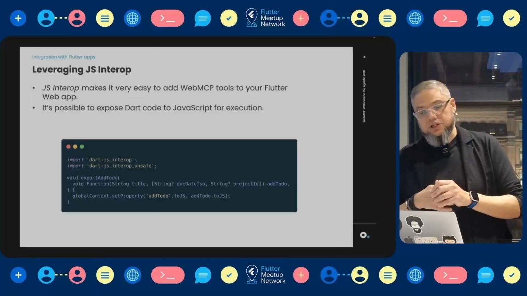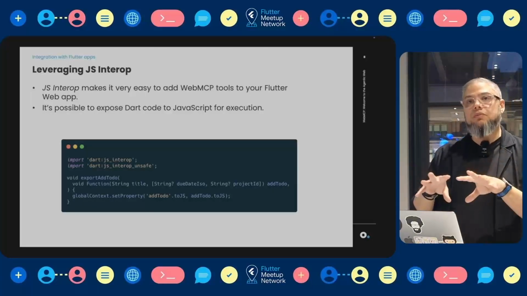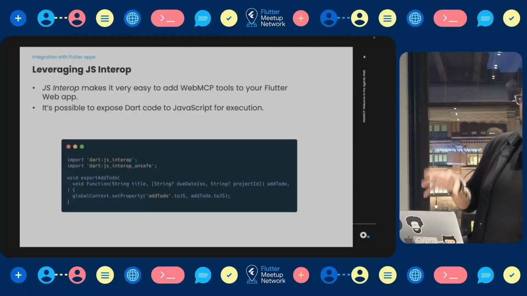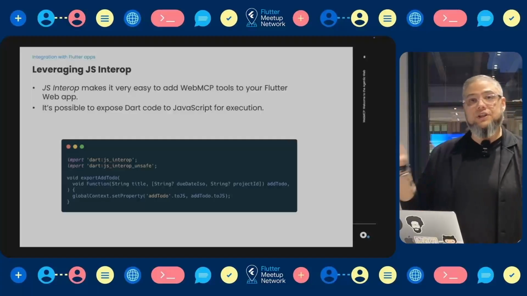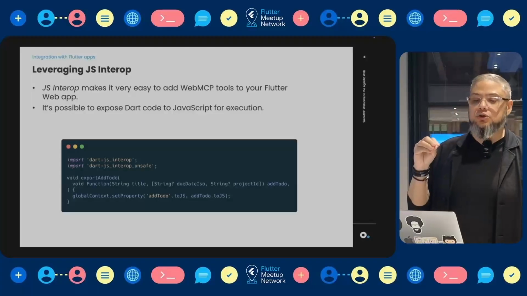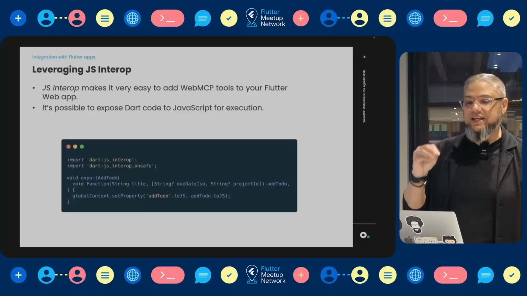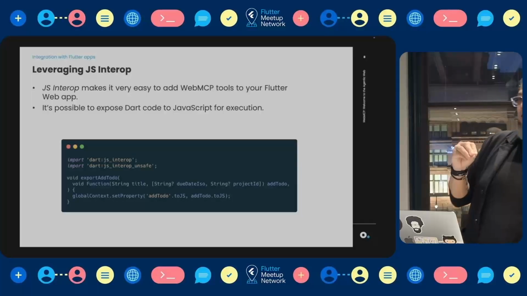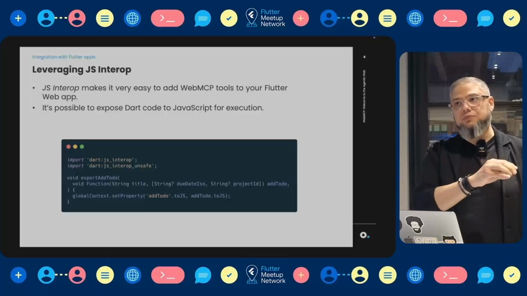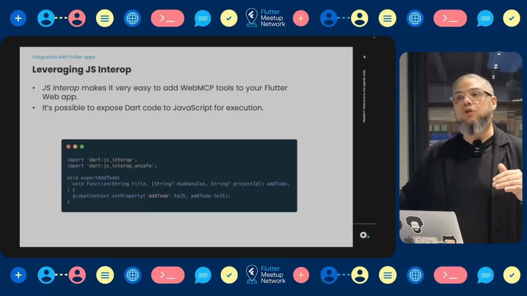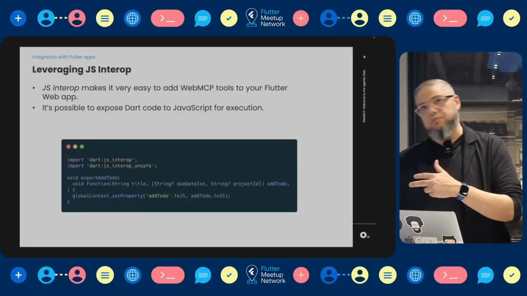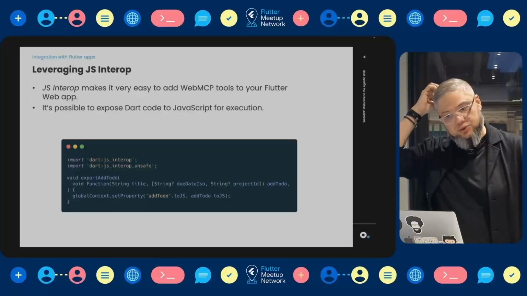Well, if you have done some web programming on Flutter, you know that the Dart language, because this is a feature of the Dart language, not a Flutter feature itself, includes a very cool feature called JS interop, which basically allows you to expose Dart code to JavaScript so that it can be invoked from JavaScript and vice versa, like Dart code that can execute code that's in JavaScript.